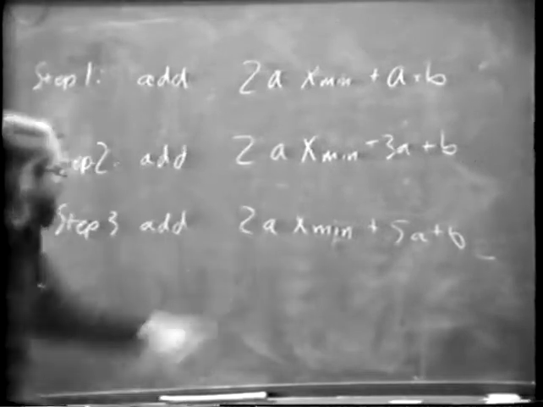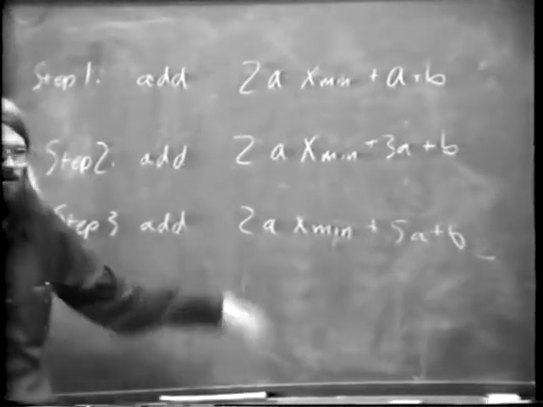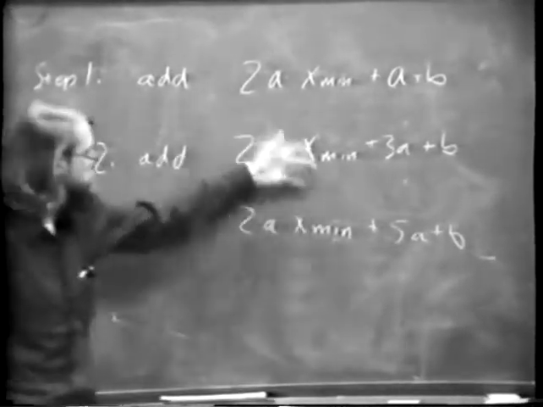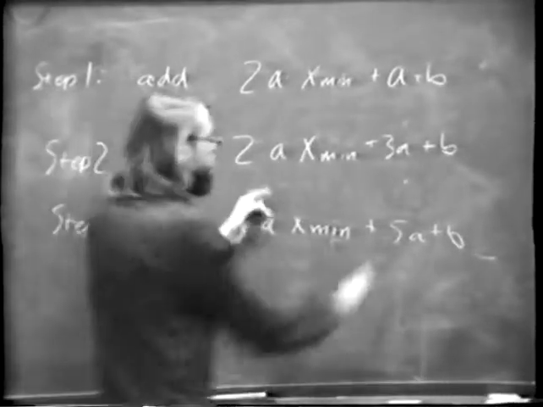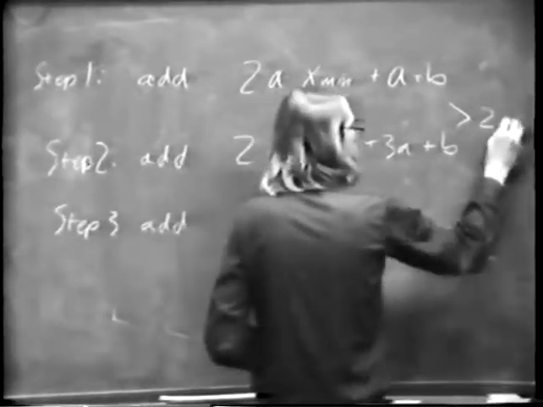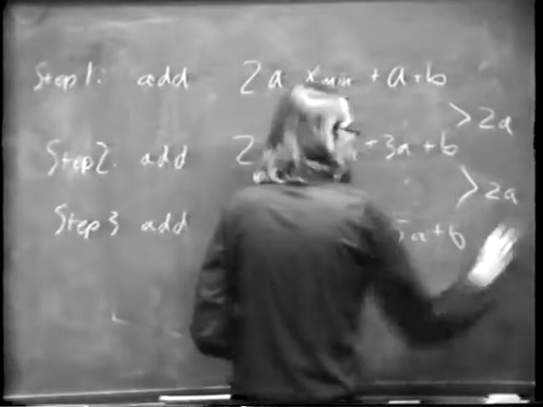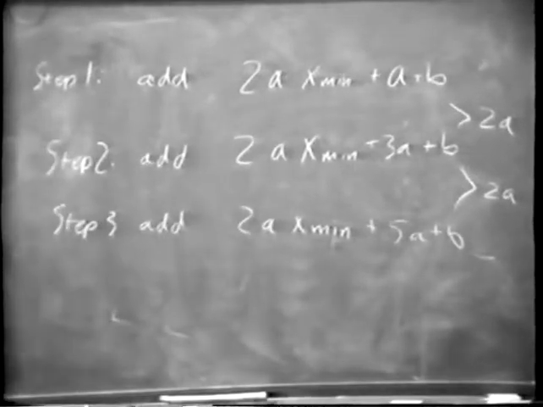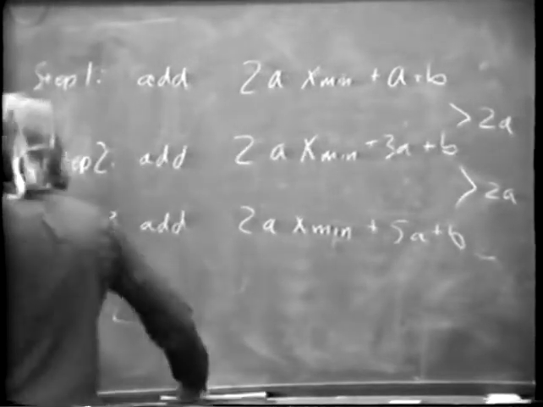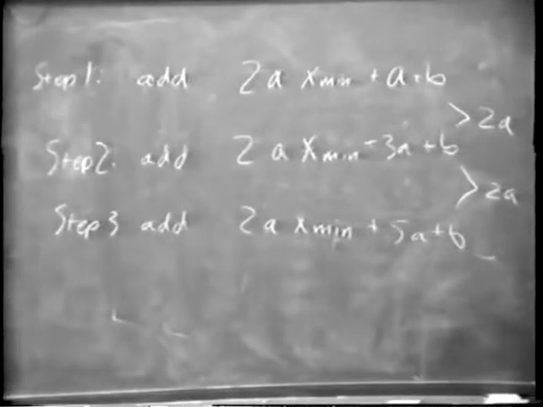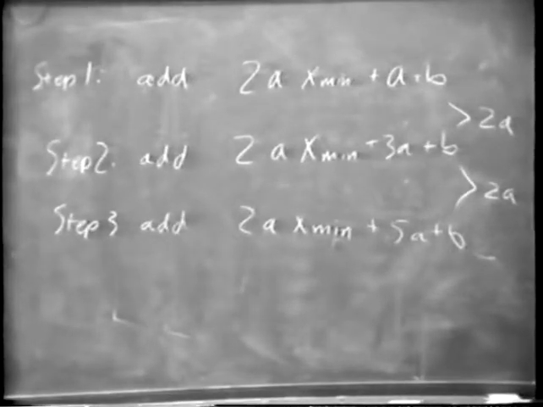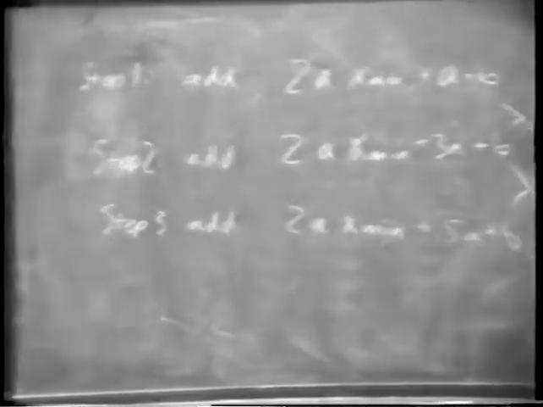We'll get something like that, etc. So the increment from one step to the next changes itself in a linear fashion. The difference between these two being 2a, between those two is 2a, etc. So if we want to calculate a second-order polynomial in equally spaced increments, we can do the following thing.